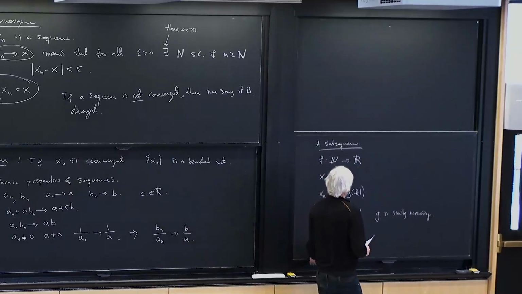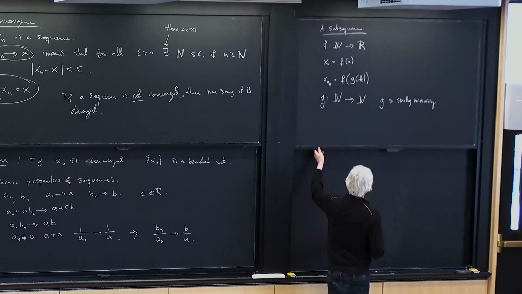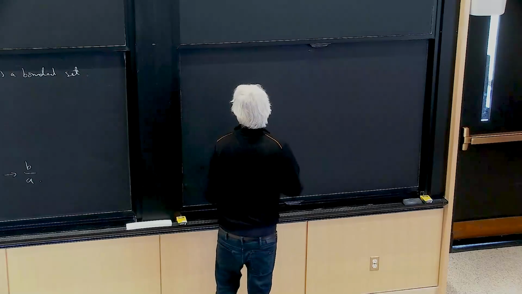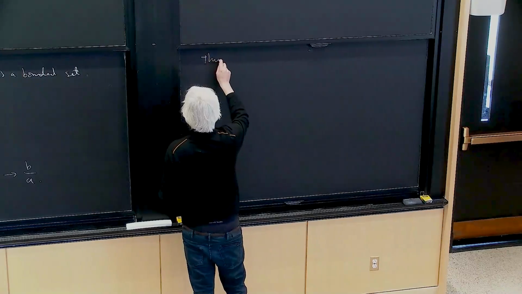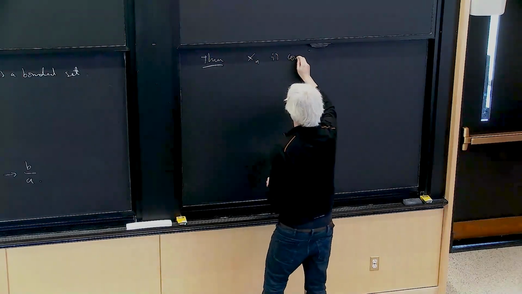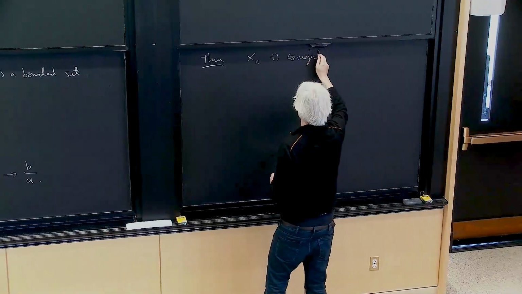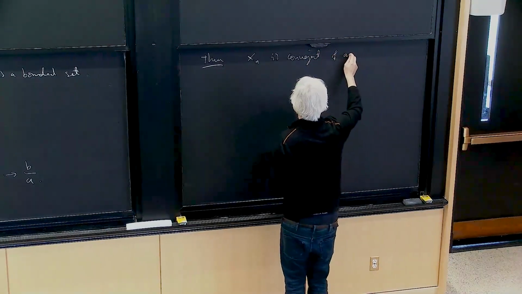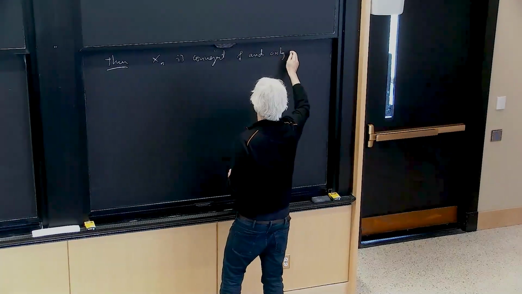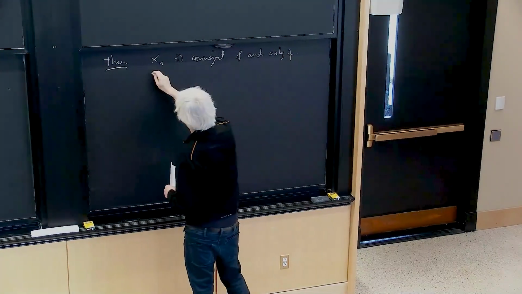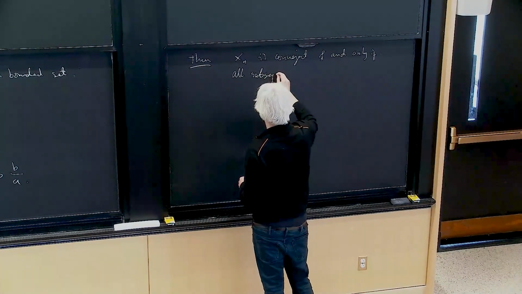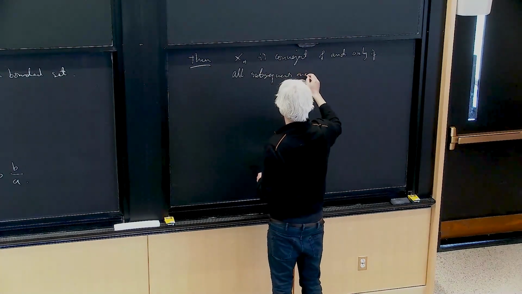And then you have the theorem that a sequence x_n is convergent if and only if all subsequences are convergent.